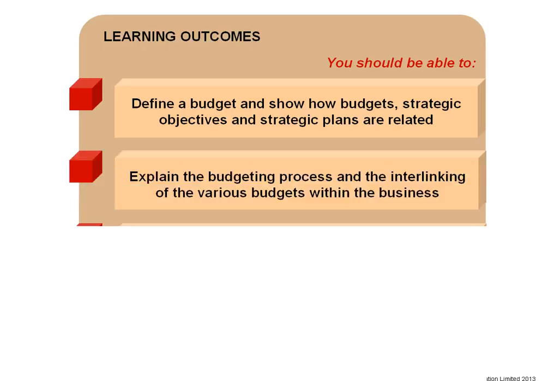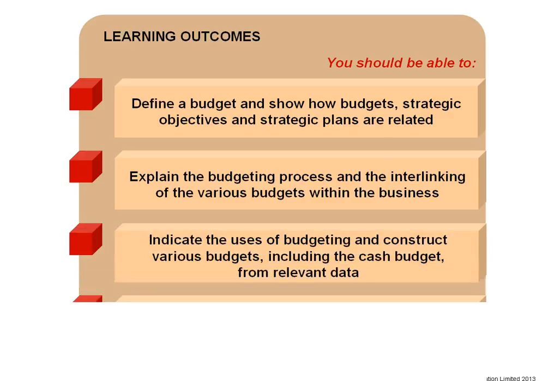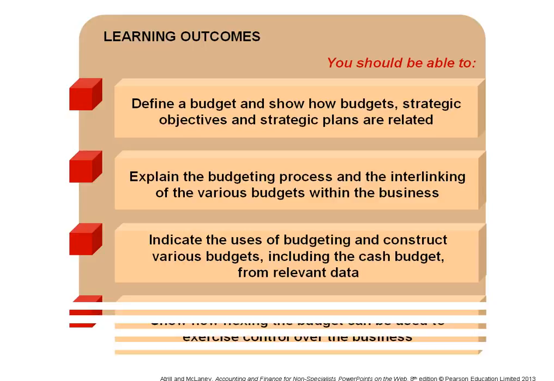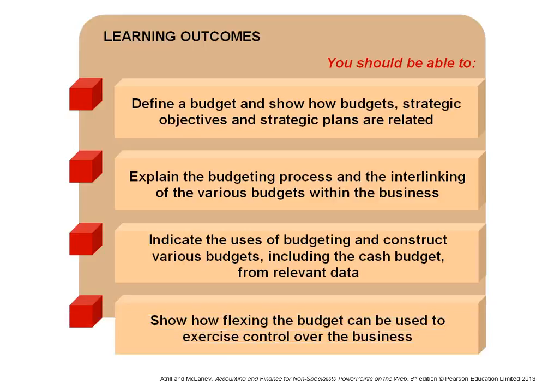Explain the budgeting process and the link between various budgets and the business, and that's where the financial coordination comes into play. The uses of budgeting and the relevant data there, and then show how flexing the budget can be used to exercise control, and more generally how budgets can be used for control purposes.